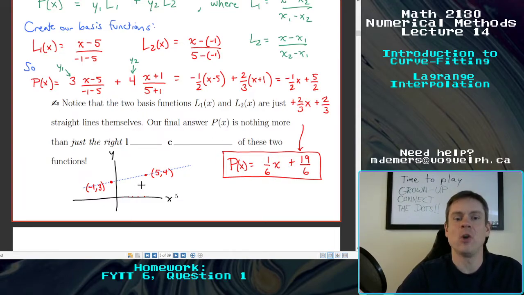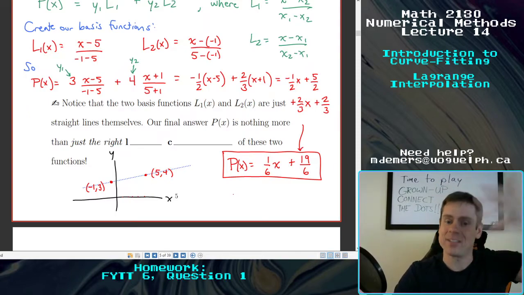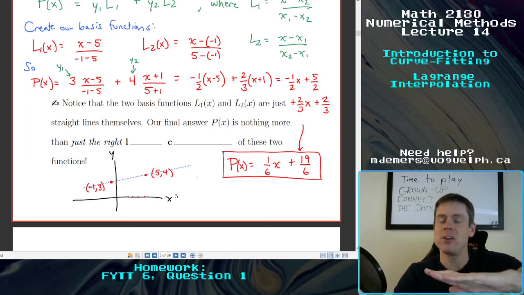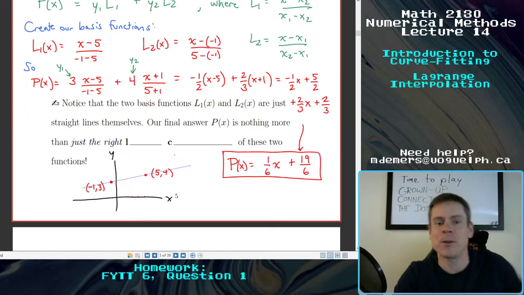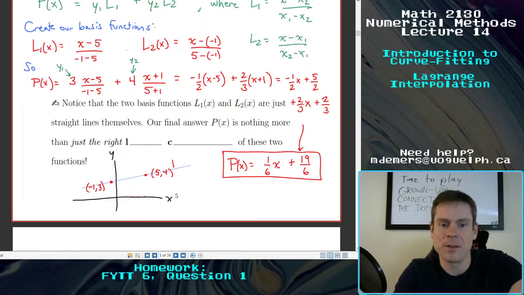So, let's see here. Check this out. We see that this straight line definitely has a mild slope, so 1/6 x seems like a really good likelihood that this is right. And then it looks like the b, the y-intercept, is 19/6, which is a little bit more than 3. So this makes perfect sense.